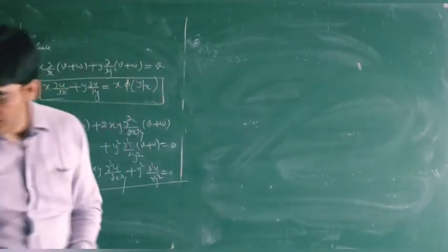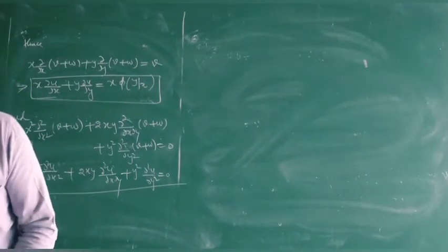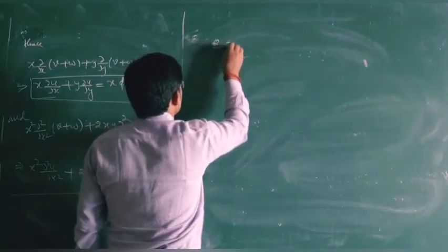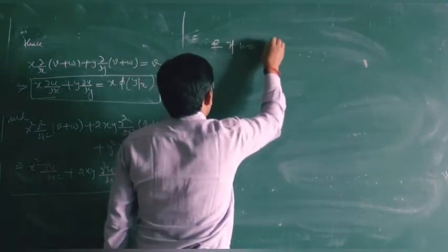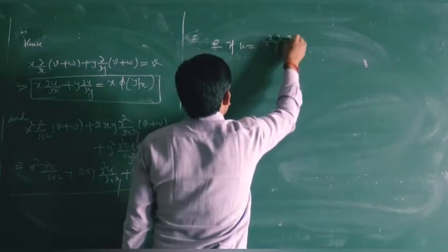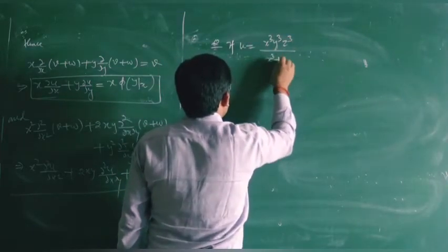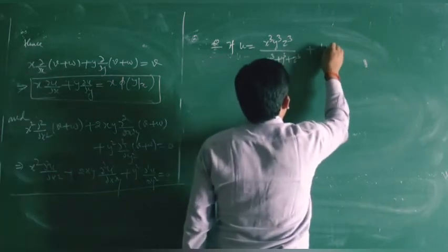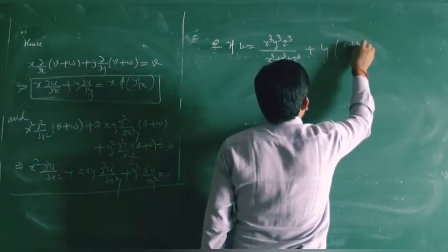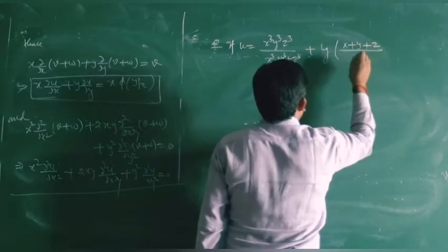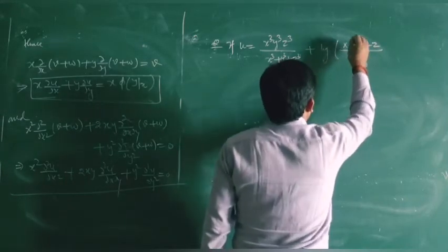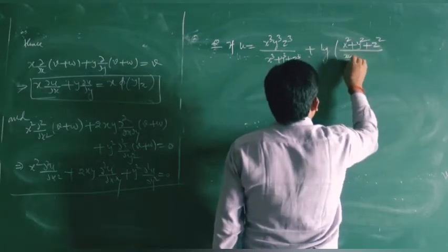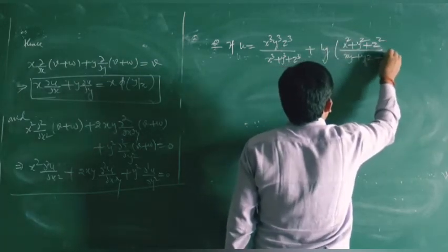The next question is, if u equals x cube y cube z cube upon x cube plus y cube plus z cube plus log of x plus y plus z upon x square plus y square plus z square plus xy plus yz plus zx.